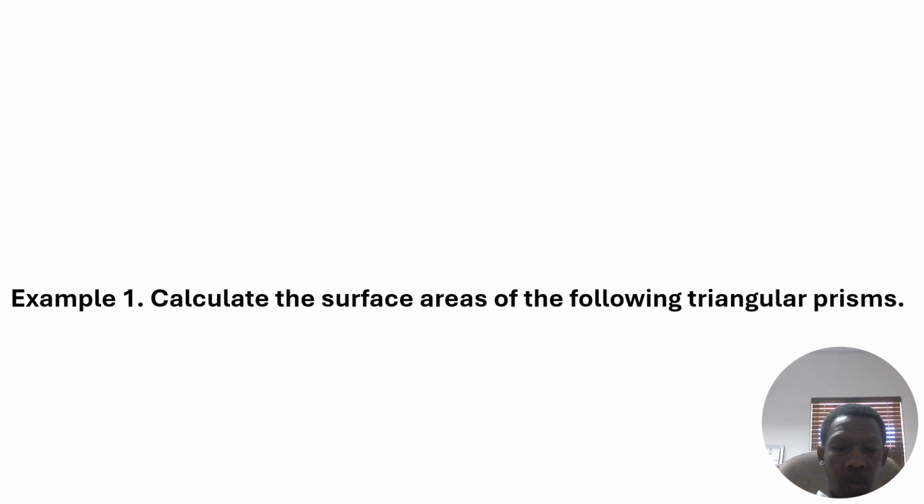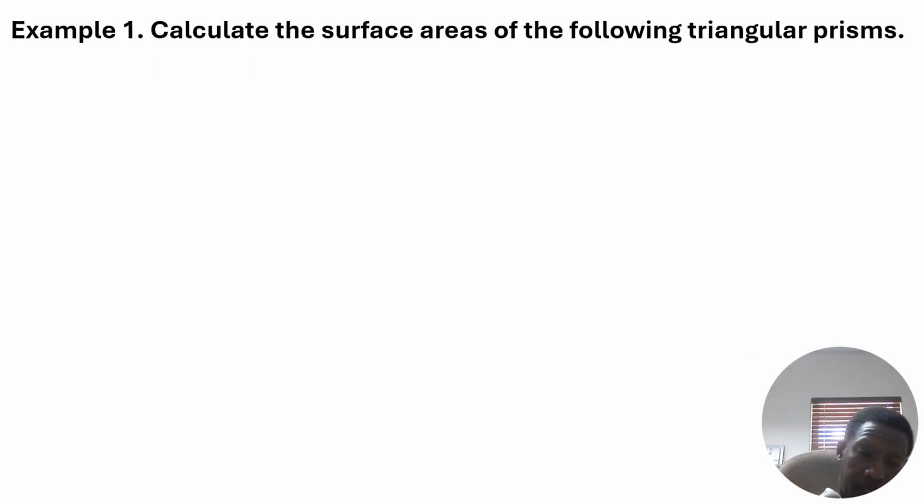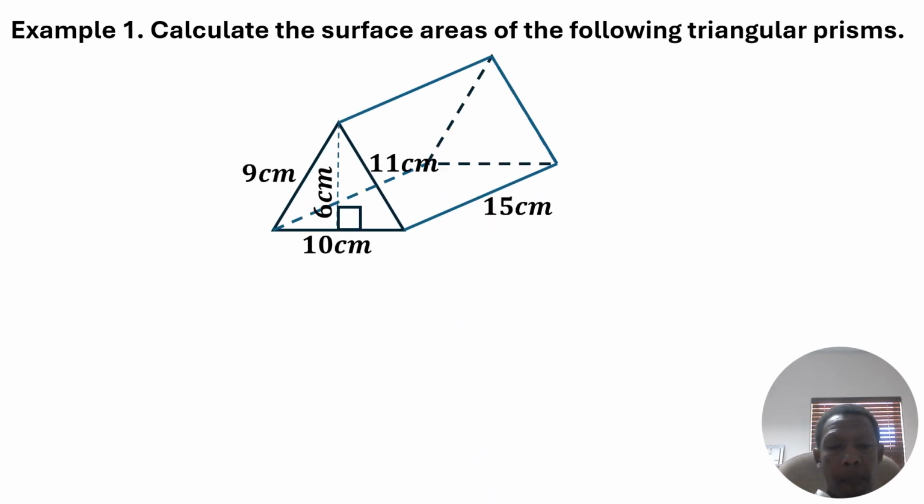So here we go, the first example. We are going to calculate the surface area of the following triangular prism. This is the triangular prism, and we are given these dimensions that we are going to use in order to calculate its surface area.